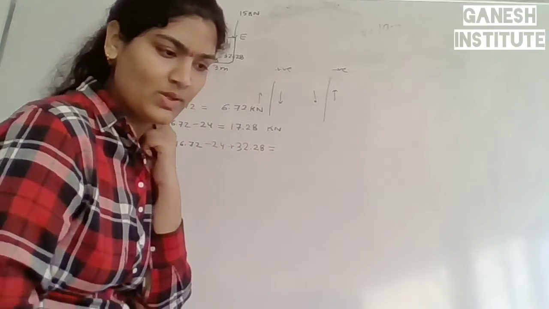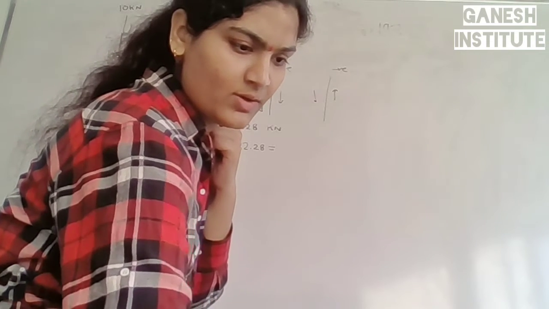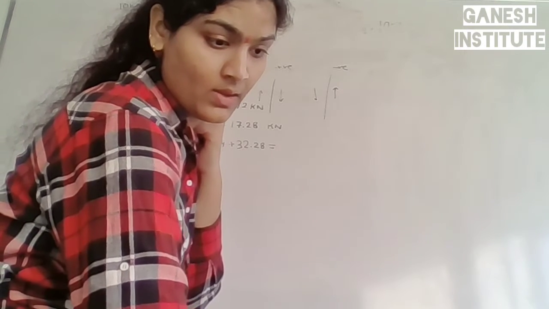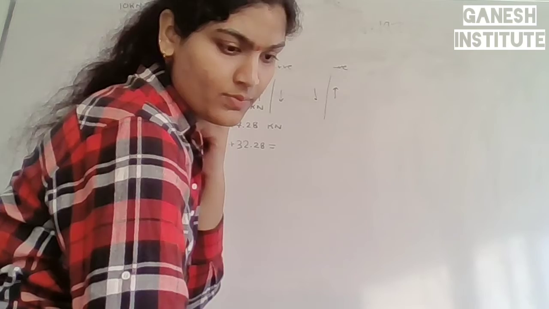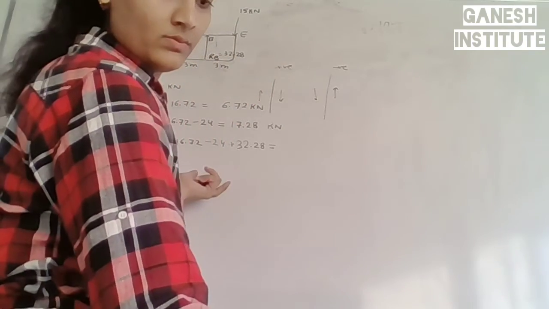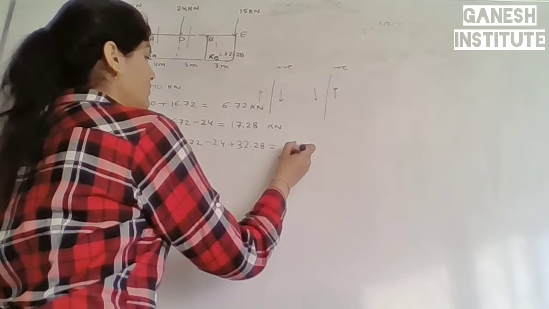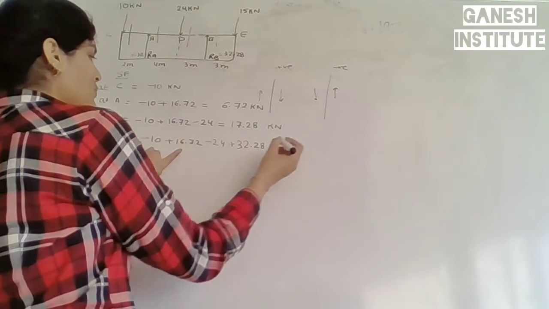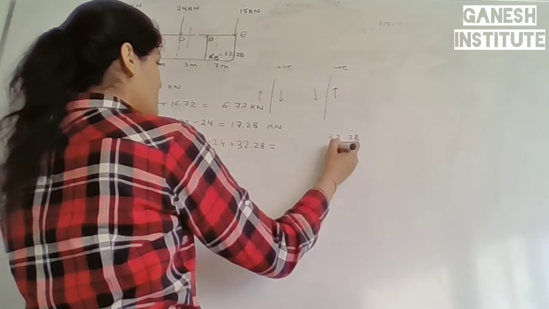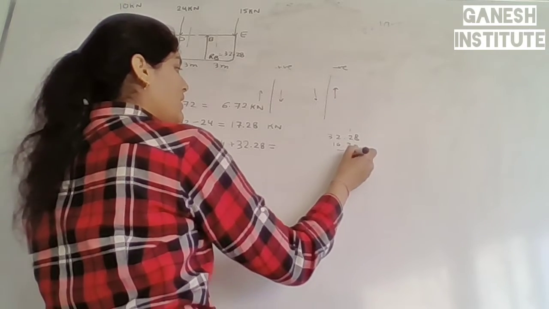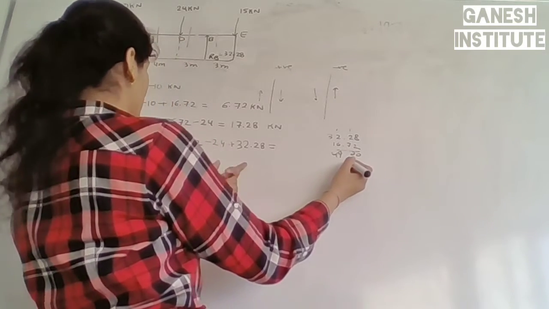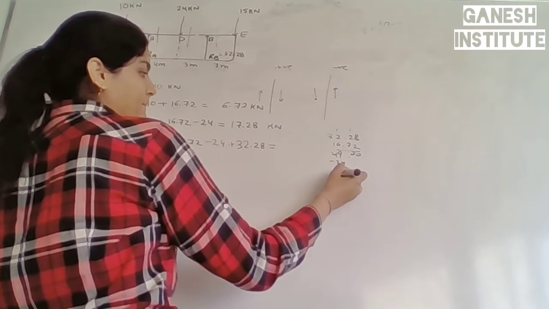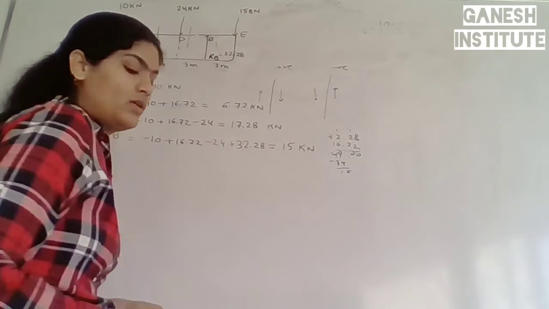That means it just sums up to, let's see where it goes. 16.72, 32.28, 16.72, 10, 49 minus 34. So 15. That's right.